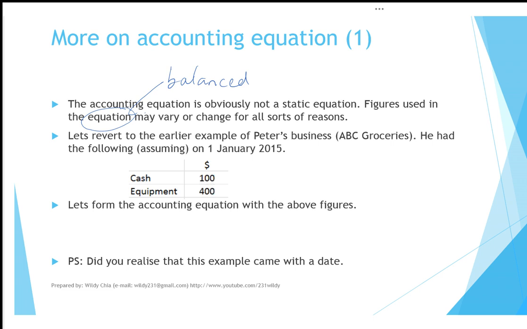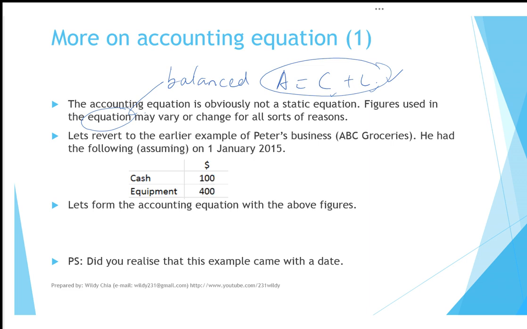However the transaction changes, however much the figures, the accounting equation would eventually be balanced on the left hand side and right hand side, which is the equation we went through earlier: assets equals capital plus liabilities. So let's go through and prove that this equation is always balanced regardless of whatever transaction occurs.